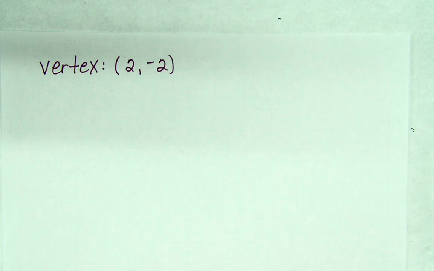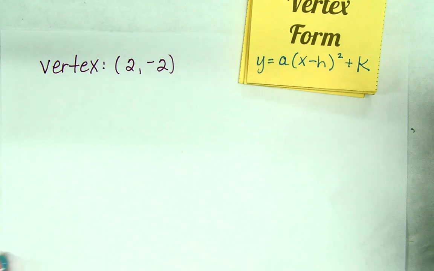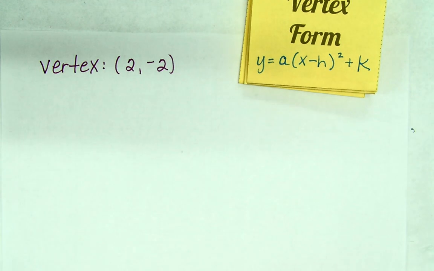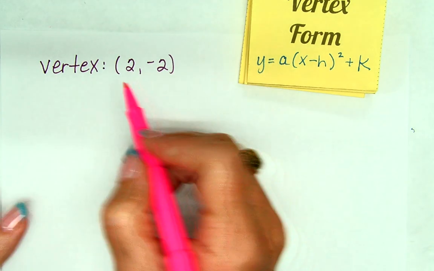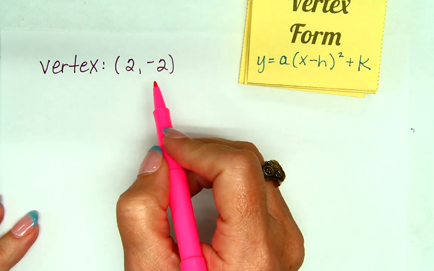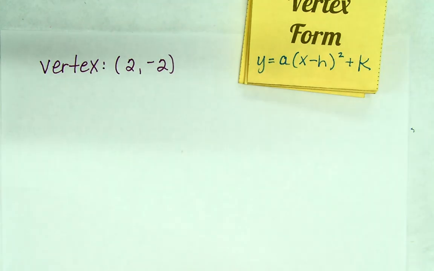Okay. So when we're writing this equation, where's the vertex going to go? Where's it going to go, though?